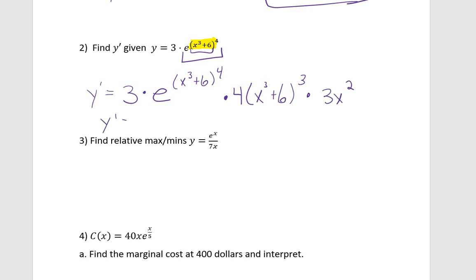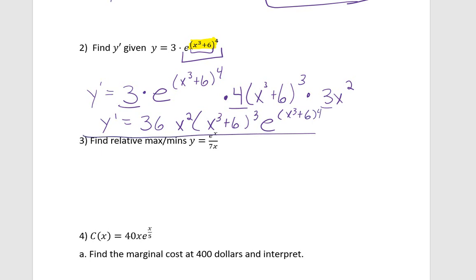Now again, we're going to clean up our answers, so we want to move all these coefficients out in the front. So 3 times 3 is 9, times 4 is going to give us 36 x squared, times e to the x to the third plus 6 to the fourth. So that's a nicer way to write our answer.